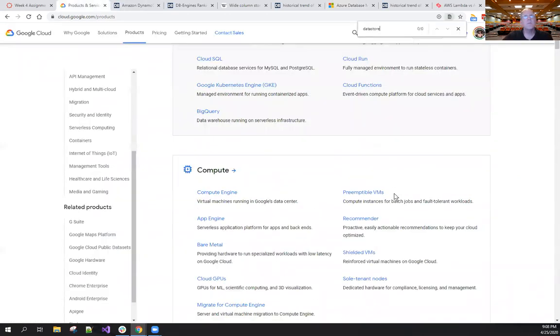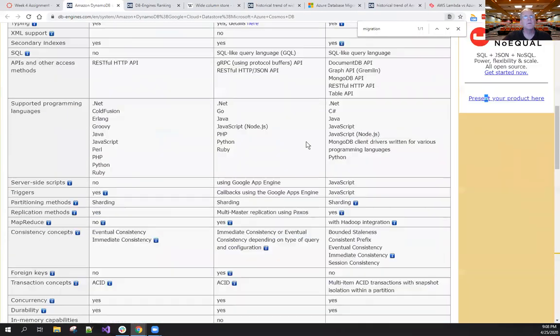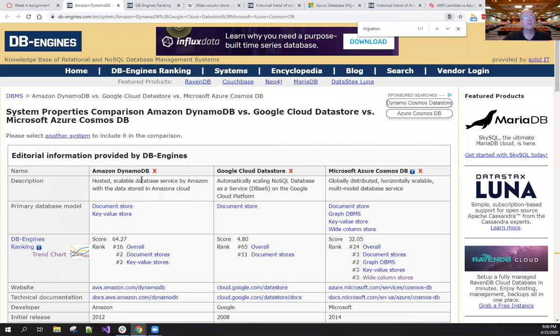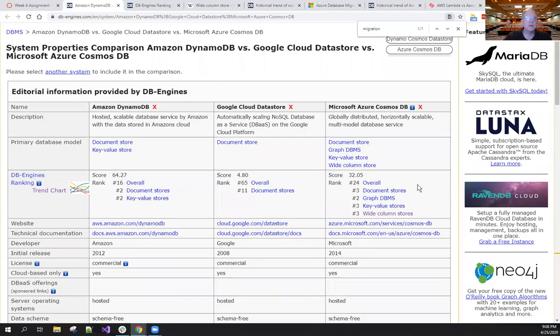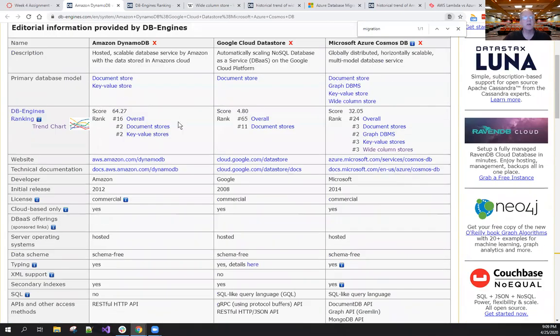Get rid of Google Cloud. Down to Microsoft Azure Cosmos DB versus Amazon DynamoDB, and we'll inherit the Azure Functions if we go with Azure. We'll inherit the Lambda if we go with Amazon.